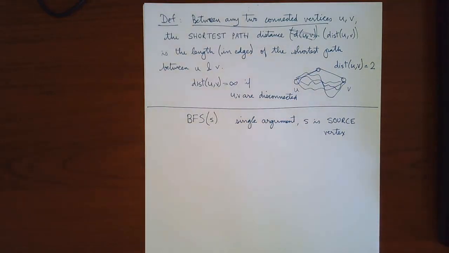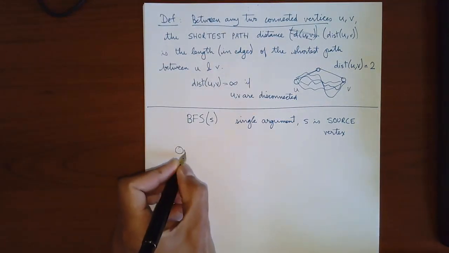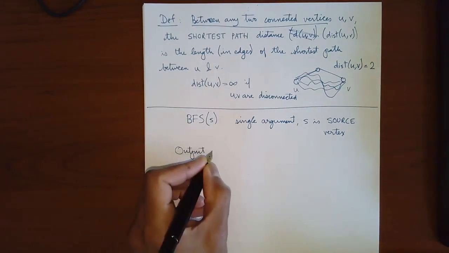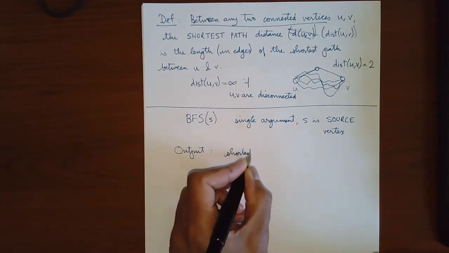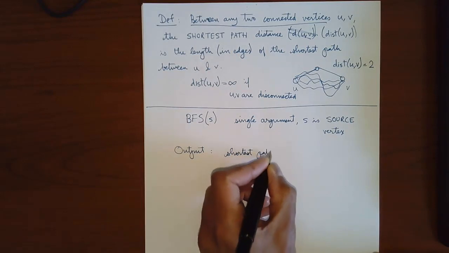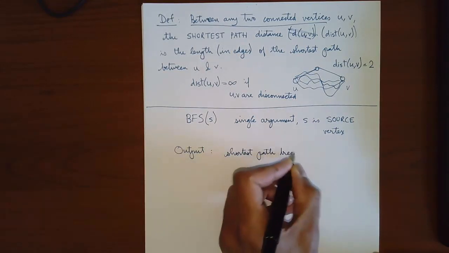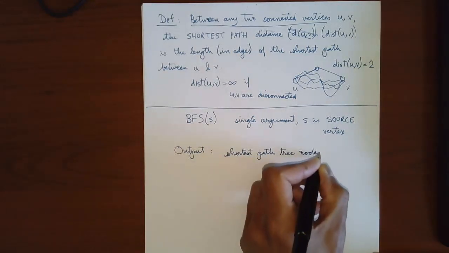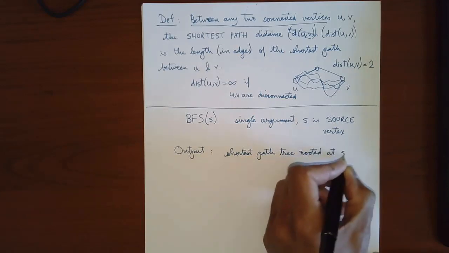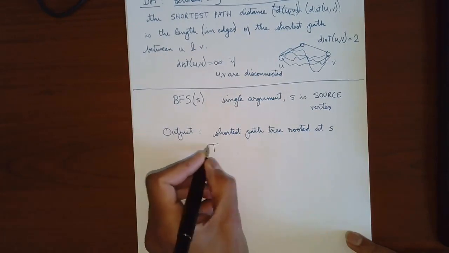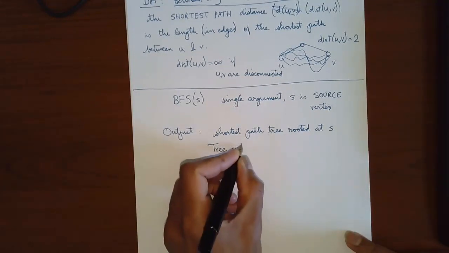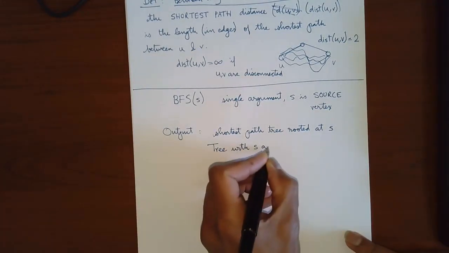The output of BFS of S is called a shortest path tree rooted at S. This is what the output is. So what this means is it's a tree with S as the root.